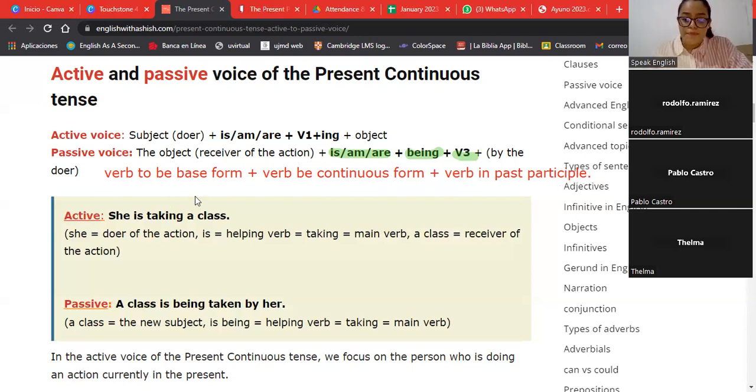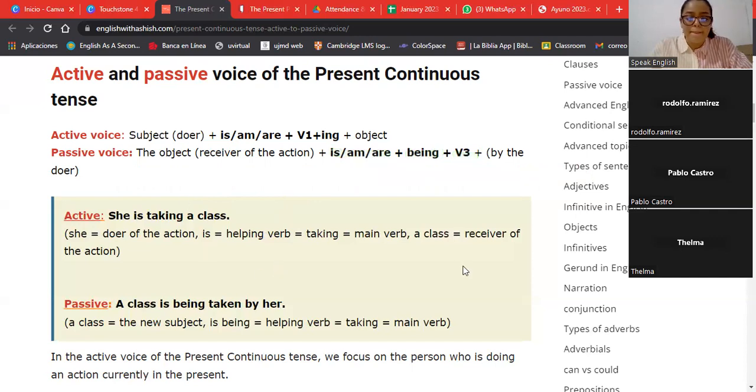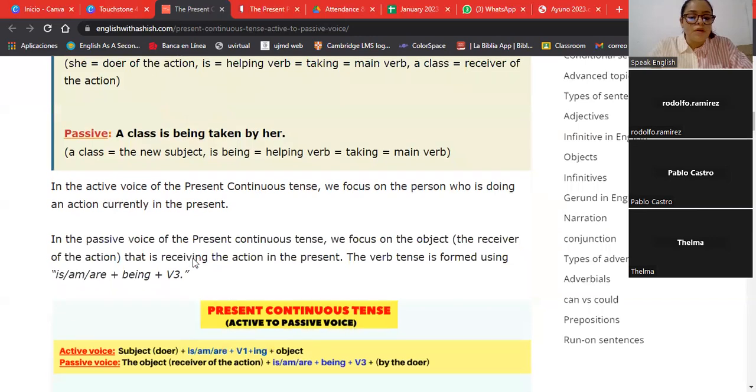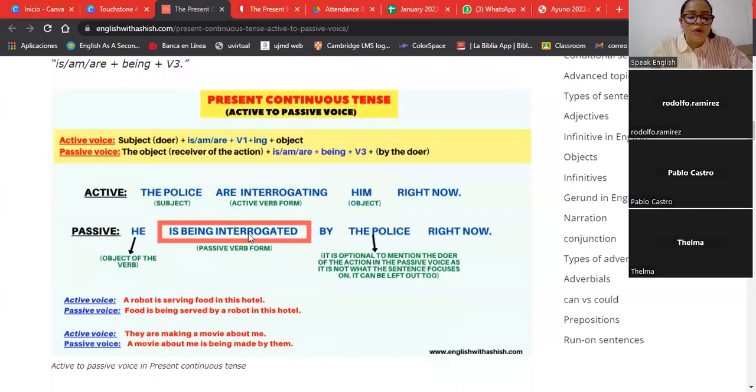So far, any question about the structure of the passive voice of the present continuous form? No, not for the moment. Okay. Over here, we're going to see some sentences and examples of the active to the passive voice.